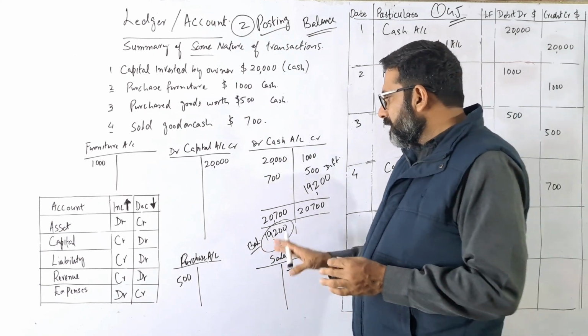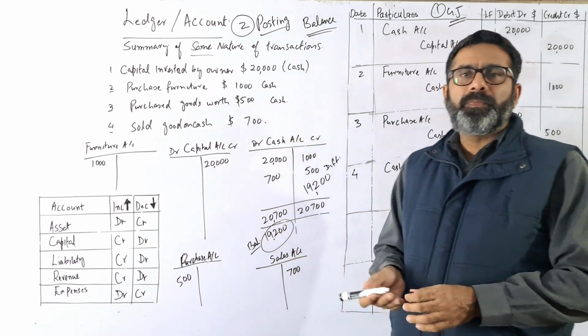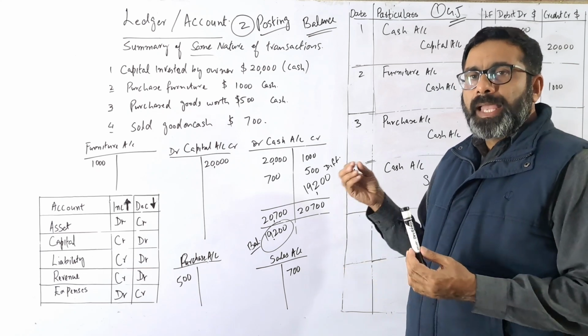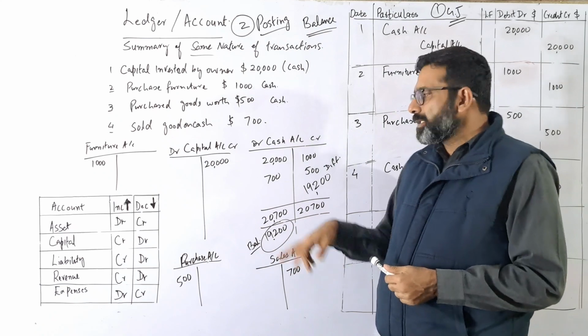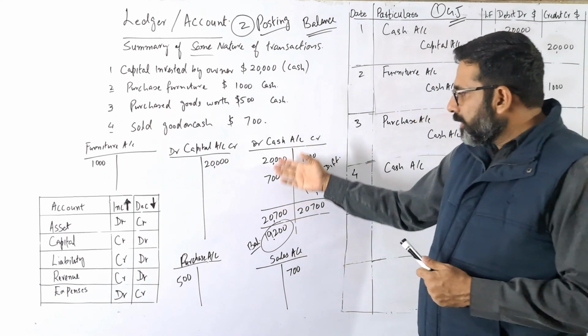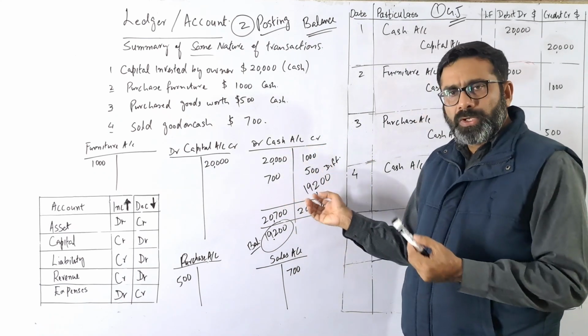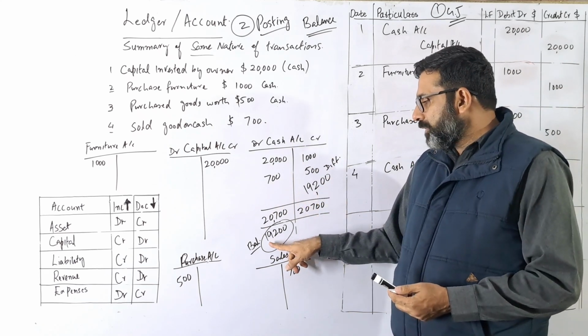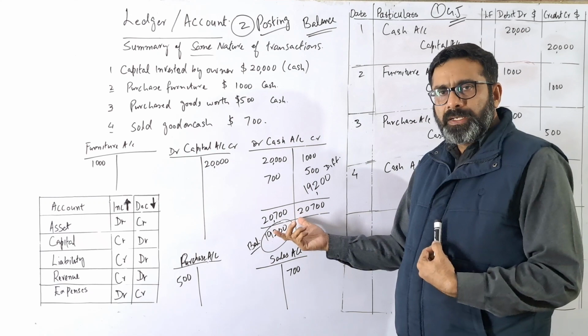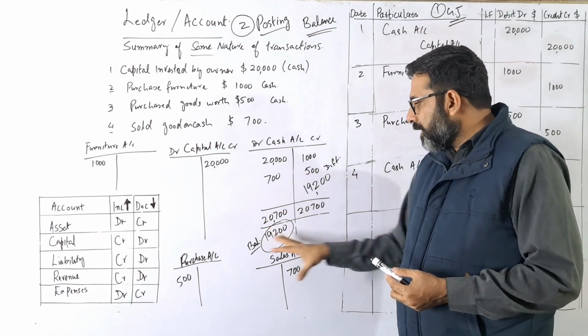This is the balance of the cash, or simply the cash available with the business is 19,200. So they started with 20,000, they received some money, they paid some money. So now at the end of the month or at the end of the year, they are left with $19,200 available cash. So this is the purpose of the account.